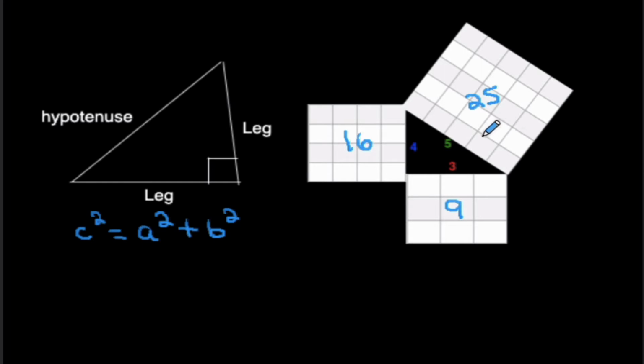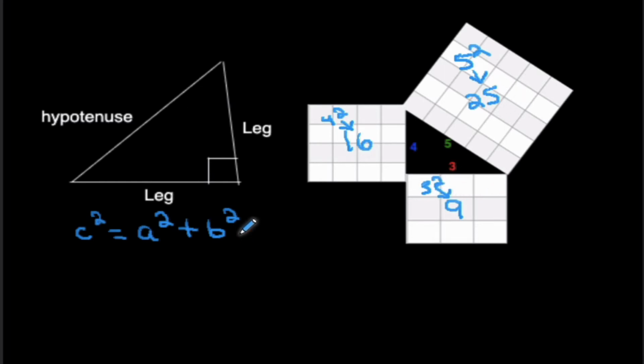All right, and so we have 25 squares in this one large square right here because we simply squared 5. Okay, and we squared 4 to get 16, and the same thing with 3 squared to get 9.